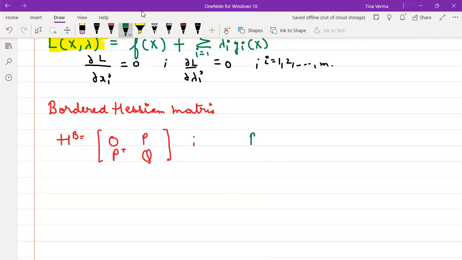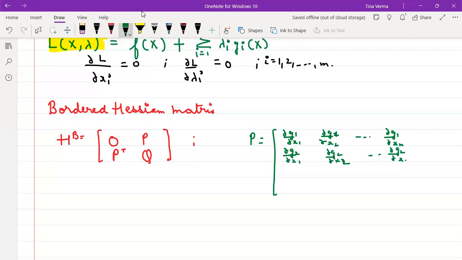Whereas P is the matrix of the partial derivatives of your constraints, that is ∂G1/∂x1, ∂G1/∂x2. First constraint with every variable. Then you will have second constraint with every variable. Then you will have mth constraint with every variable.